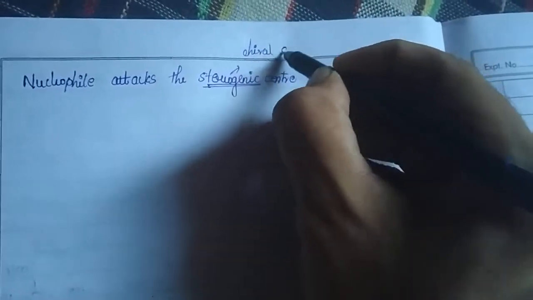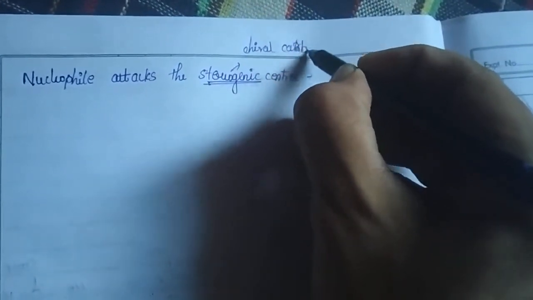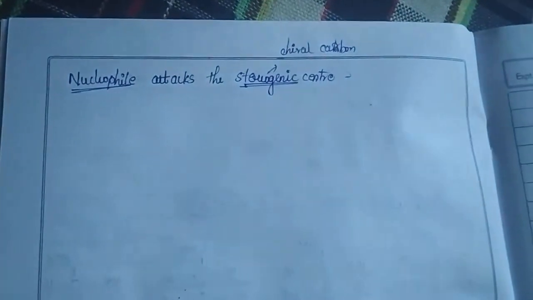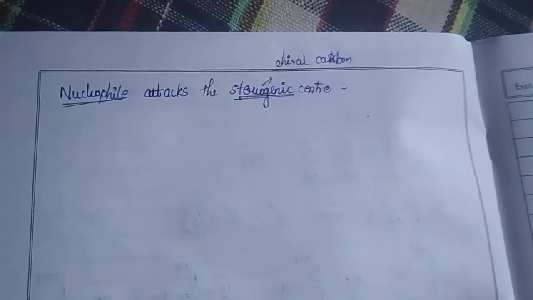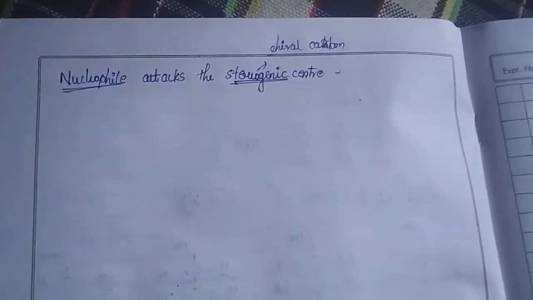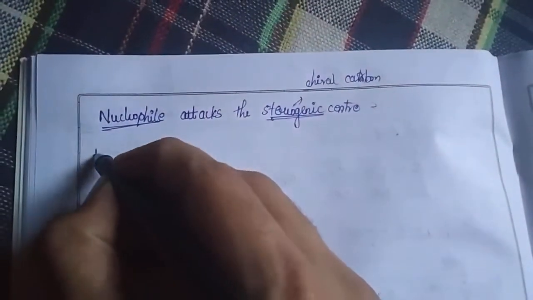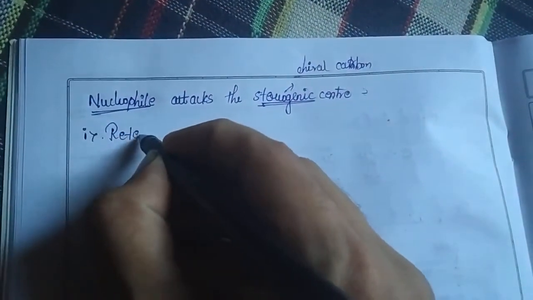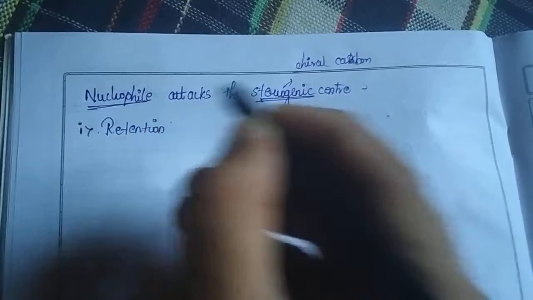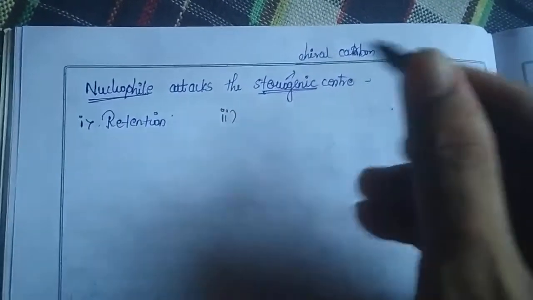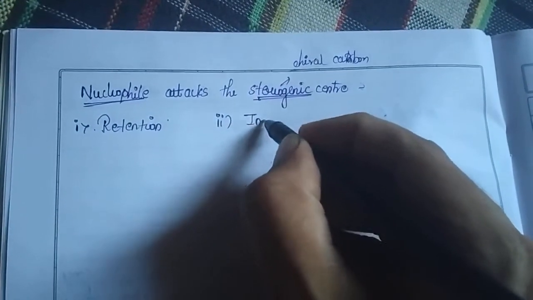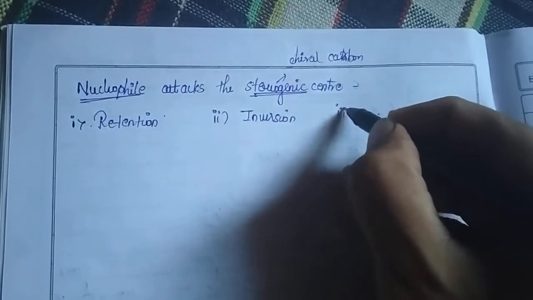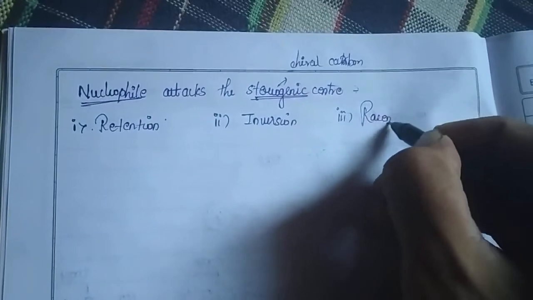Now what we are seeing is whenever a nucleophile attacks your chiral carbon directly, what are the possible reactions? In this concept, the first important thing is retention, the second is inversion, and the third is racemization.